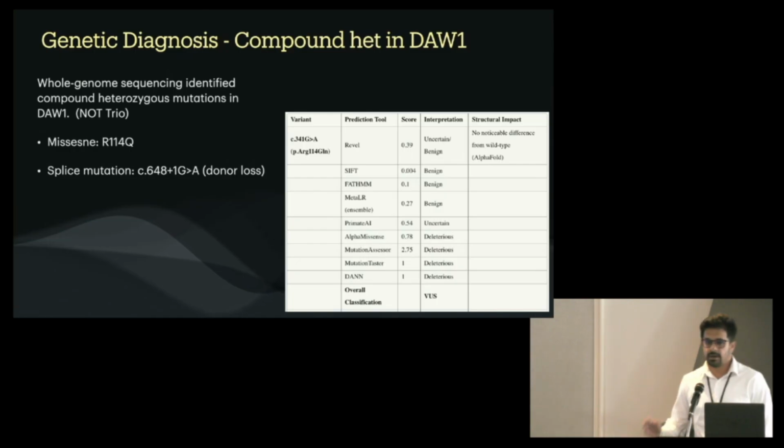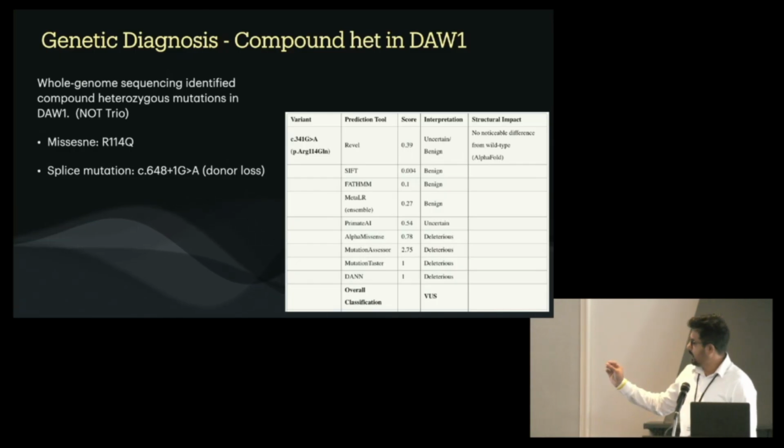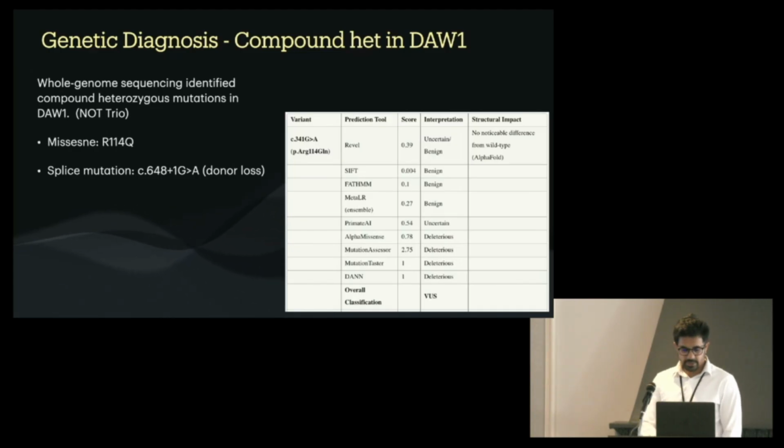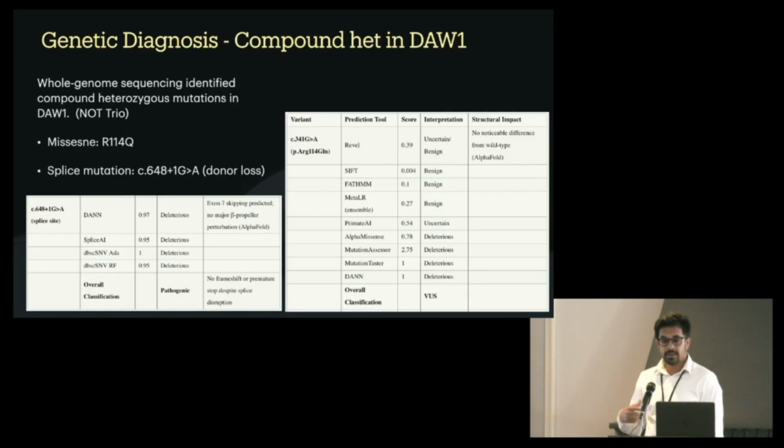It depends on what in silico prediction tool you're using. You can get any result from benign to pathogenic, and this is really common for missense mutations. For the splice site mutation, there can be loss of function, and this time the in silico predictions were much better. They were all deleterious, so we knew that because it's a donor loss, it's keeping the entire exon 7, and it might be pathogenic.